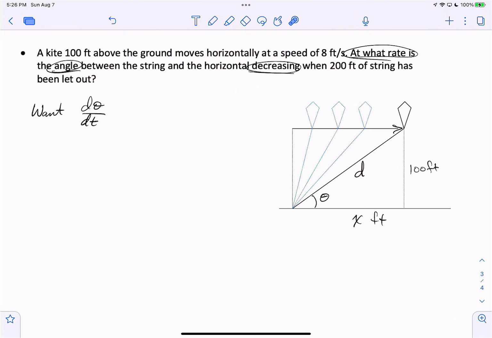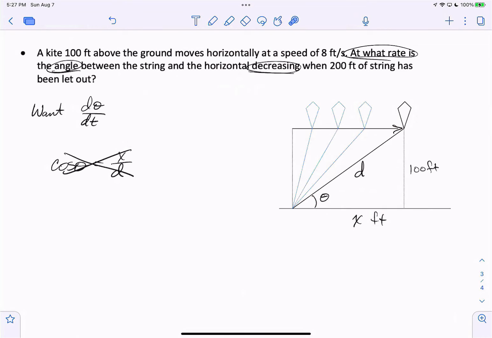Now, we may be tempted to use the x and the d and the theta. And we could. If we did, we would have the cosine of theta is equal to x over d. But then when I differentiate the right-hand side, I'm going to have to use a quotient rule, and I'm going to have dx/dt and dd/dt coming out. It's going to be kind of a mess. I don't want to do that.